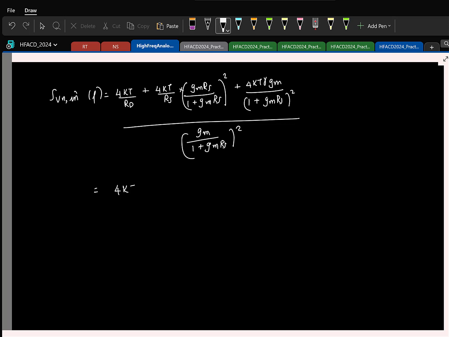So the first term I'll write directly, 4kT by RD times something squared. What happens to the second term? 4kT times RS. What happens to the third term? 4kT?